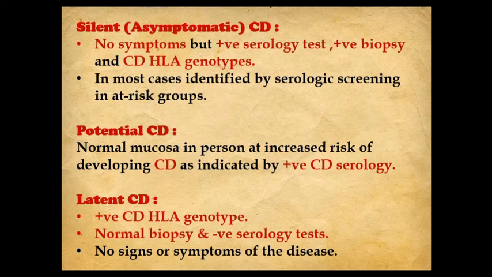They may develop signs and symptoms later on. At the same time, they may develop abnormality in the biopsy or positive serology. So just the positive in them and latent is the celiac disease HLA genotype or genetic tests.